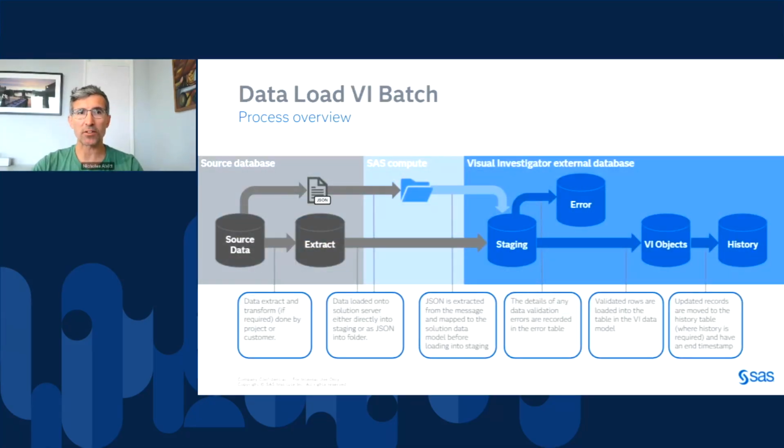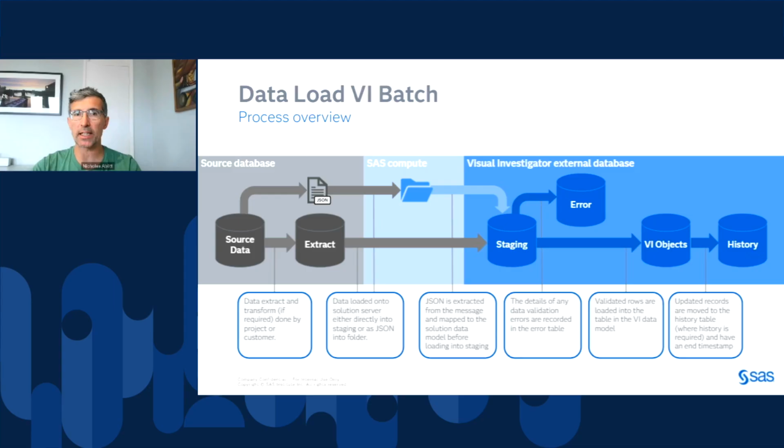So as an end-to-end, as a rough guide, we've got the source data that's going to be coming into the system. That's going to be extracted from that system and either inserted directly into the database staging table that's set up by the solution factory, or it can go via JSON message, for instance.